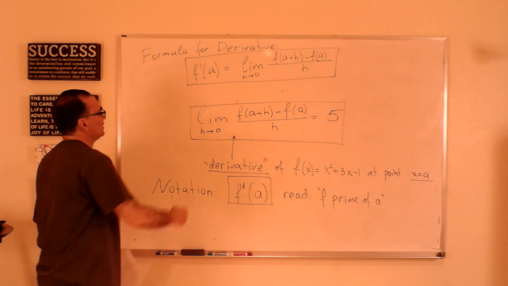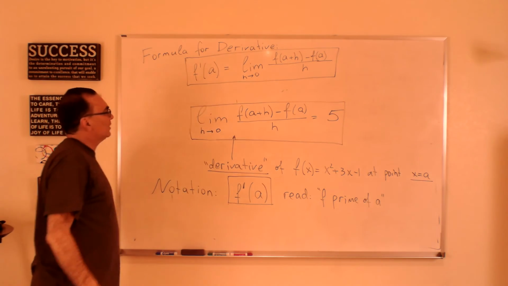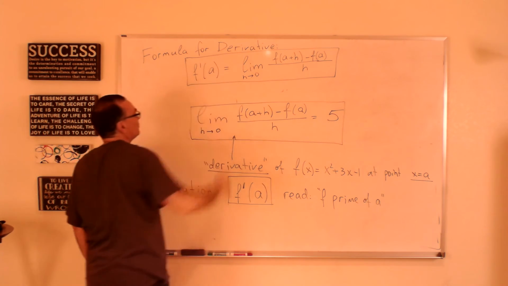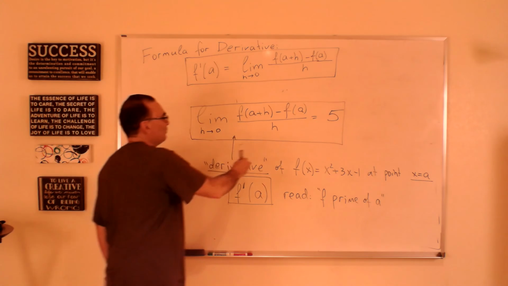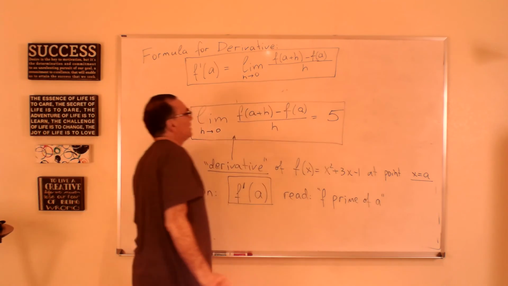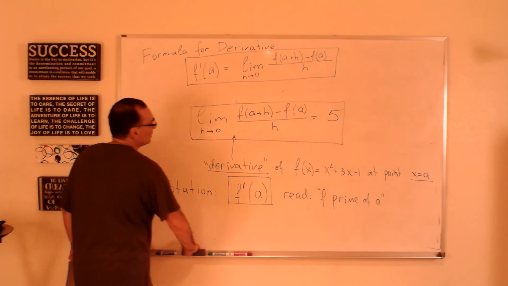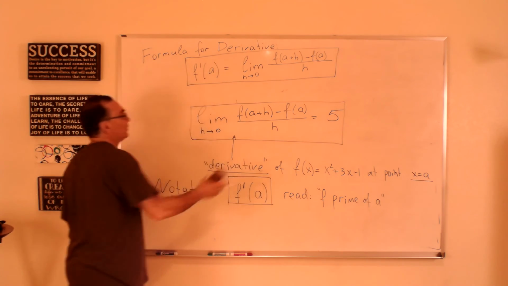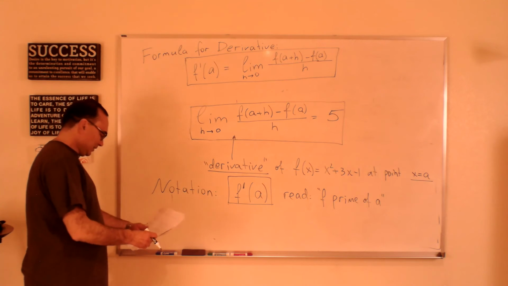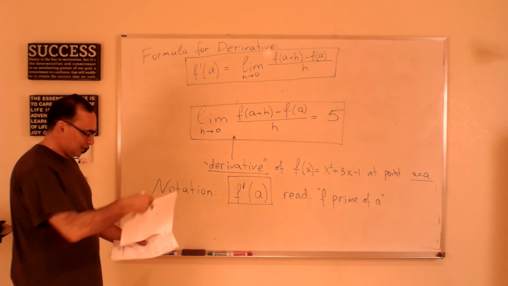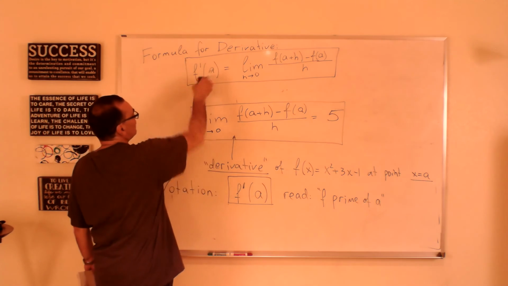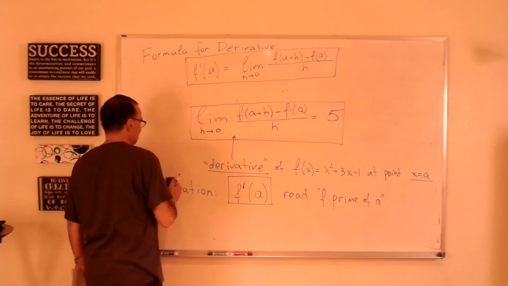Also, oftentimes in this formula, instead of a, we put x, in order to stress that a doesn't have to be constant. Like in our example, a was equal to 1, but it doesn't have to be 1, it could be any number. From that point of view, a is a variable as well. So you can plug in anything for a. In order to stress that, we sometimes change this formula to put x instead of a.